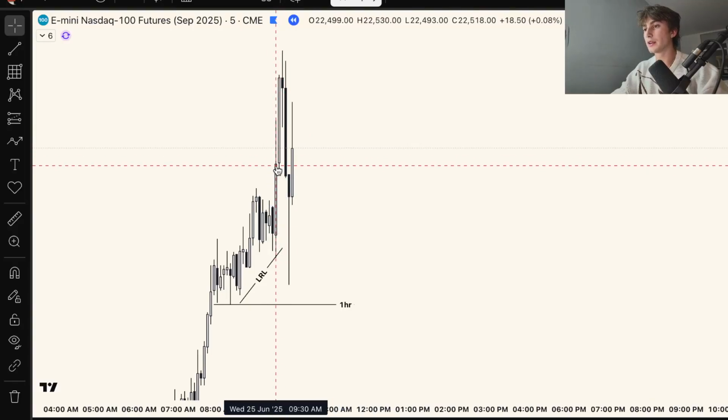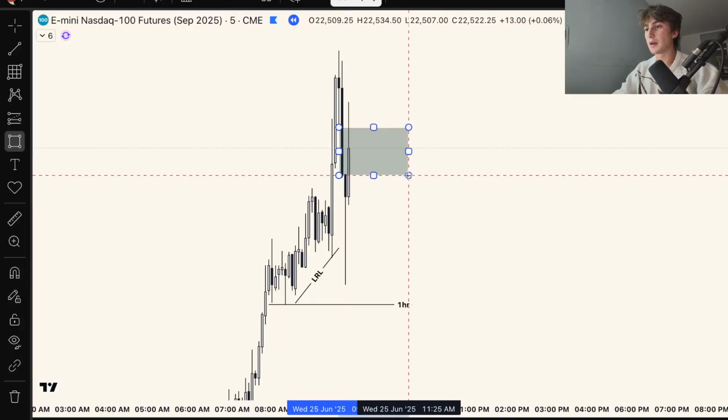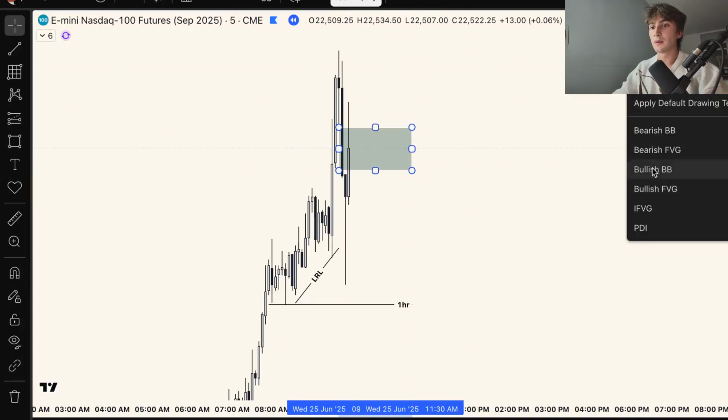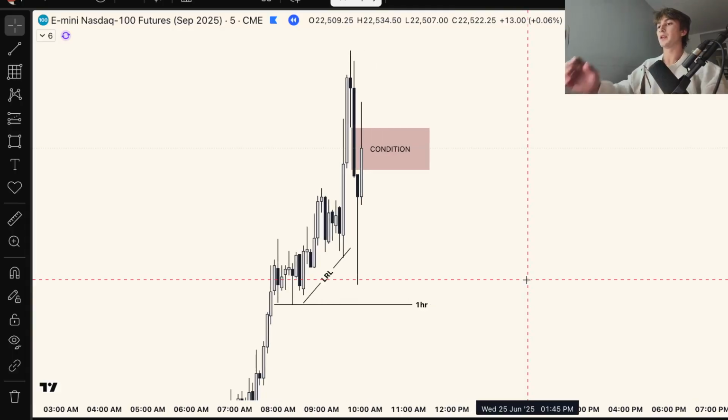Well, there is. We opened up a new 5 minute bearish fair value gap. So this is truly going to be that condition. Why?